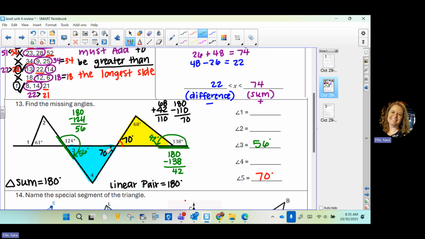So again, I can add 70 and 56 and subtract that from 180, and see what's left for that angle 4, which would be 54. So this must be 54 degrees. So far, so good?